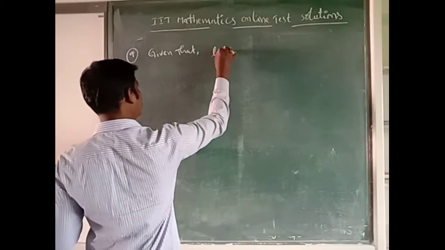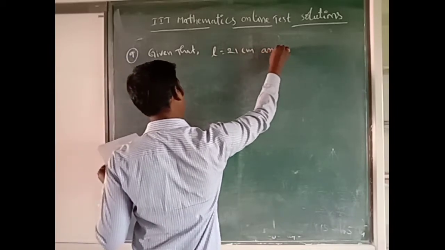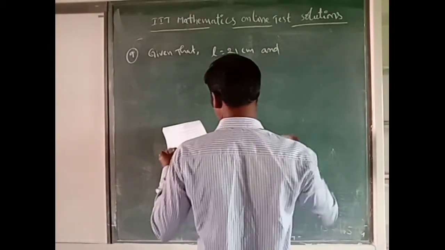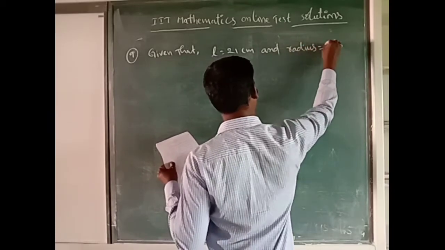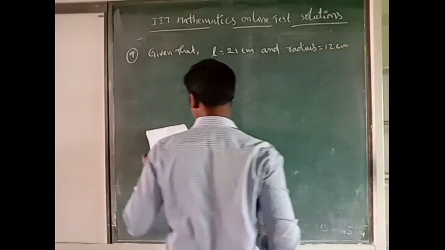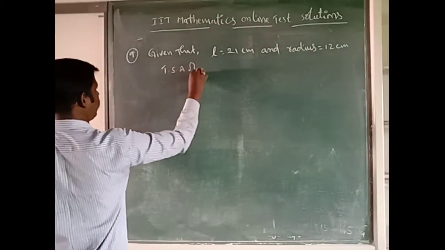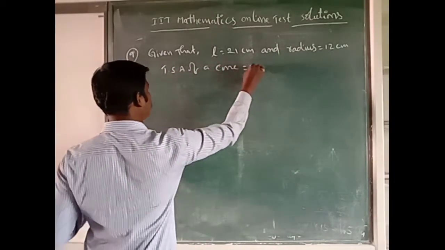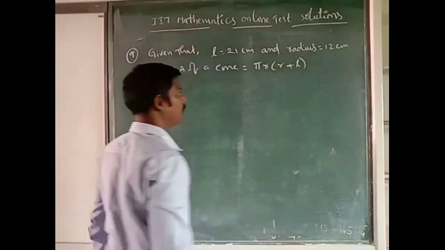Slant height L is equal to 21 centimeters and diameter is 24, so radius is half of the diameter, 12 centimeters. Next, the total surface area of a cone formula is πr(r + l).